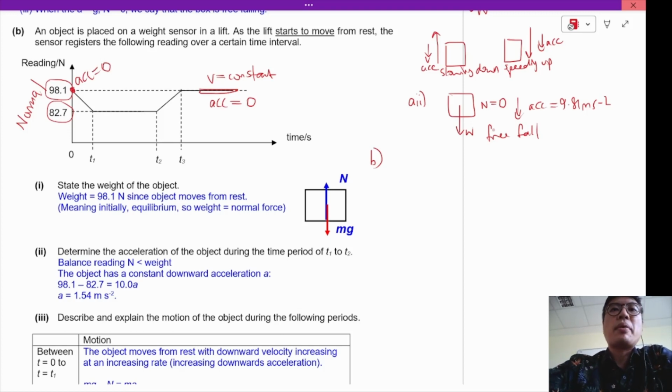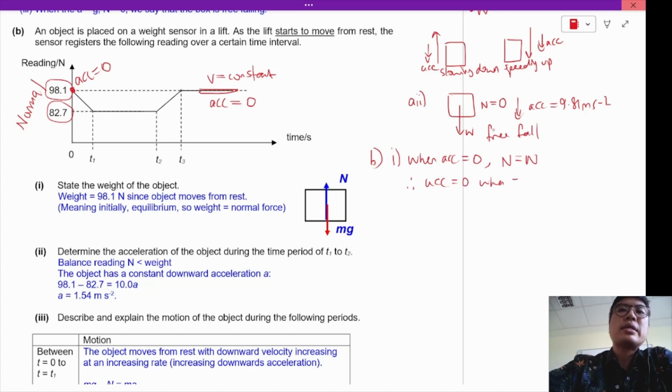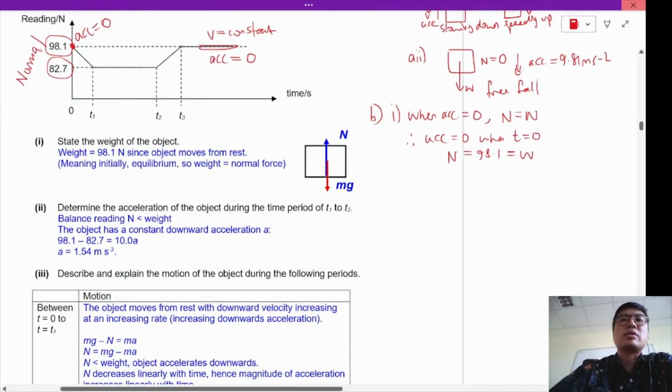So let's take a look at B part 1. When the acceleration equals 0, the normal will be equal to the weight. So therefore, acceleration is equal to 0 when t equals 0 and the normal equals 98.1, which equals the weight. So therefore, the weight is 98.1 newtons.